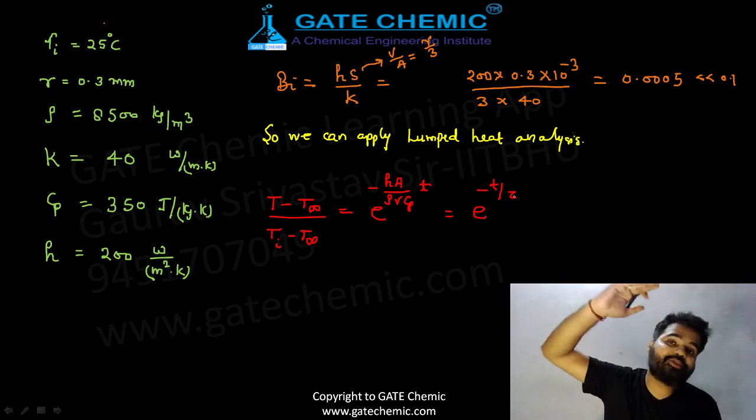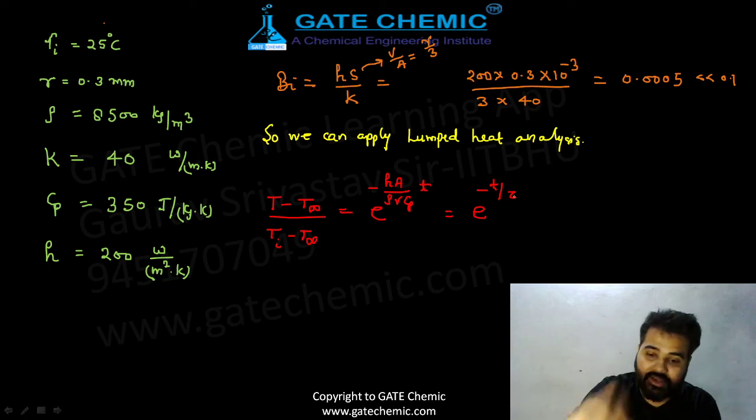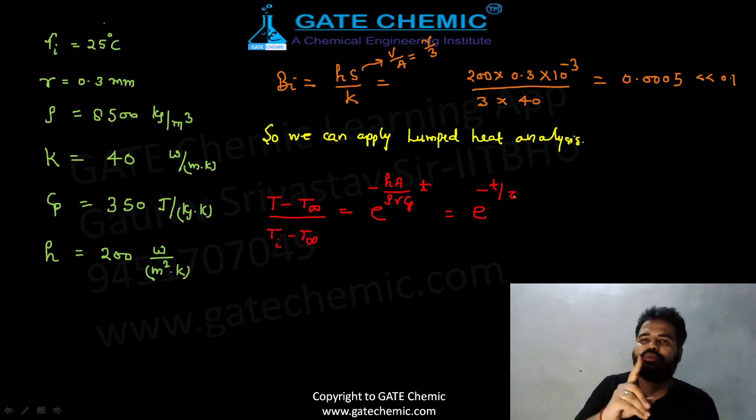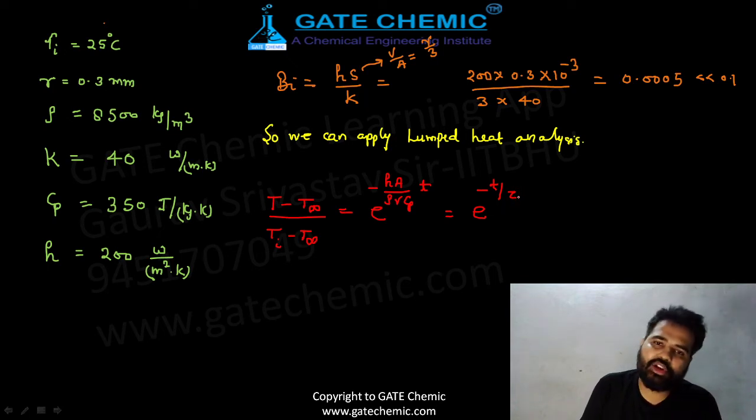If t equals tau, then we have already walked through how much path? 63.2% of the path. Here in this problem you can see 63% of the initial temperature difference, which is a little different. If it were 63.2, you could calculate this tau directly, and tau would be your answer.